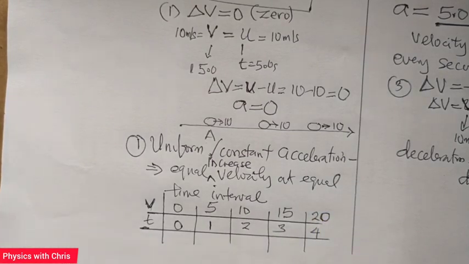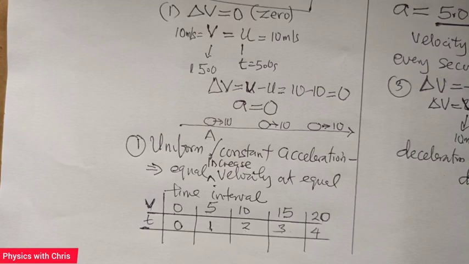So in this case, from this table of velocity against time, we can see that for each 1 second time interval, the velocity has increased by 5. From 0 to 5, that's by 5. 5 to 10, that's by 5. 15 to 20, that's by 5. So in this case, the body's acceleration is constant.